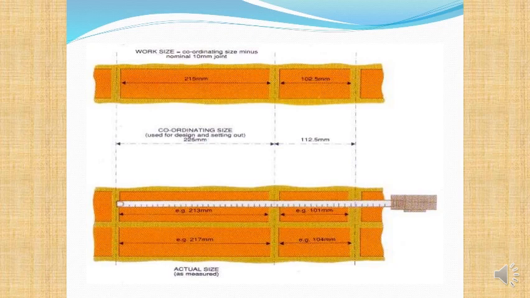So even though the actual length is 215 millimeters, in terms of design and setting out a masonry wall and determining how many blocks we need in a masonry wall, the coordinating size is 225 millimeters.